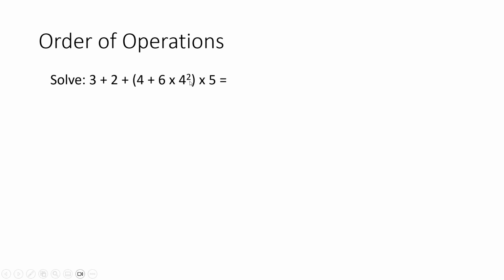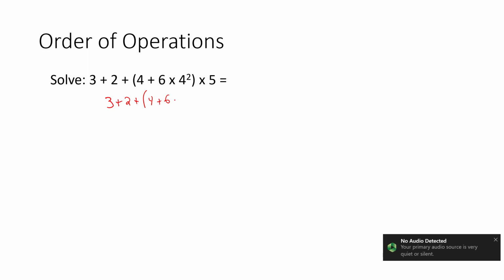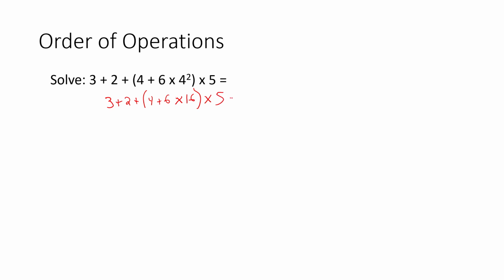So 4 times 4 is 16. So I'm just going to rewrite this out. Four plus 6 times 16 times 5 equals. So that's the first one we did.